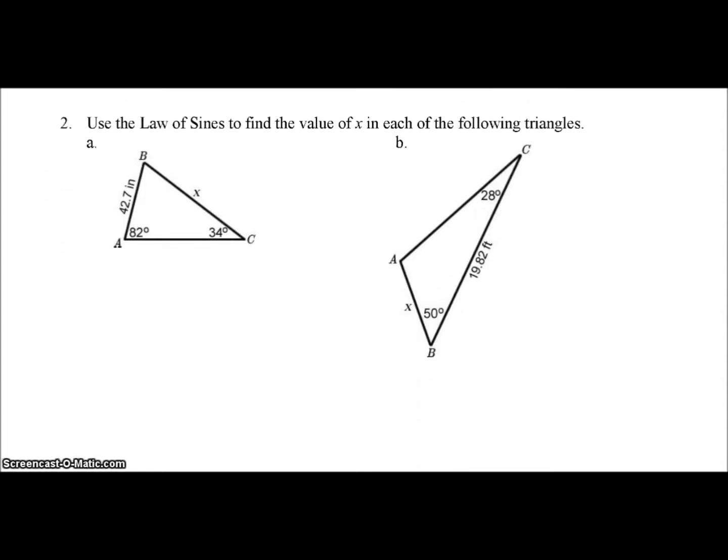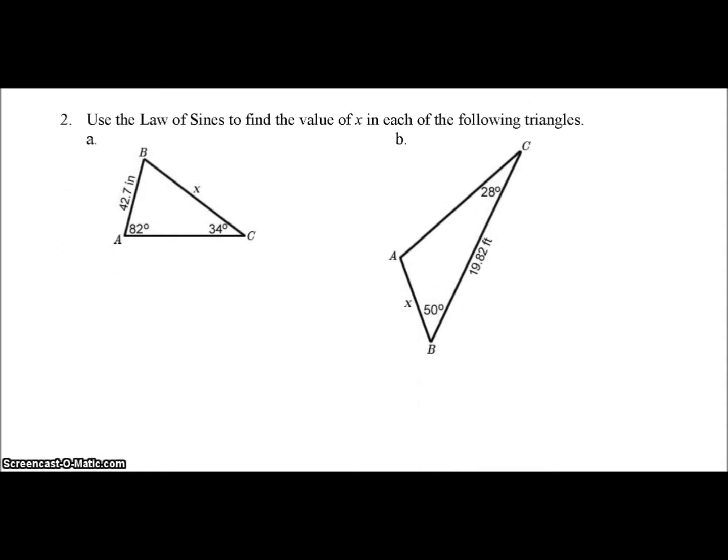Use the law of sines to find the value of x in each of the following triangles. Now let's see, here's x. I know that x over sine of 82 will equal 42.7 over the sine of 34.